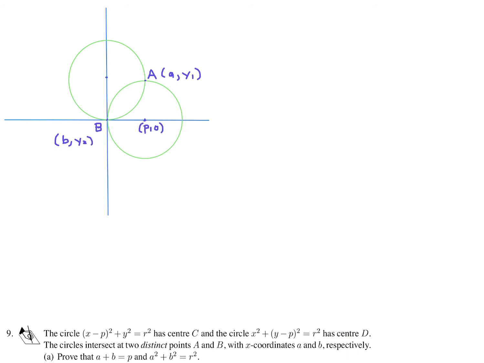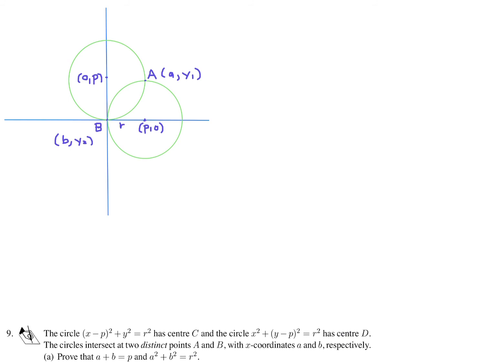So right here, (0, p). And anything else? I think that's it. I guess we could label r. So for example, the distance from here to here is r. But I just don't want to get the diagram too cluttered.